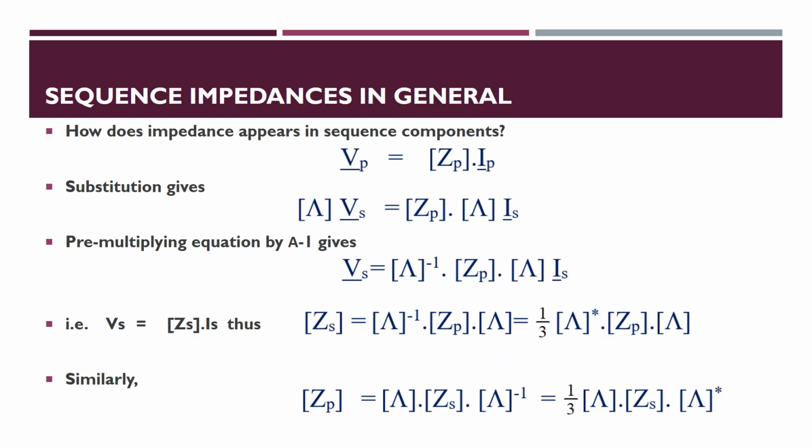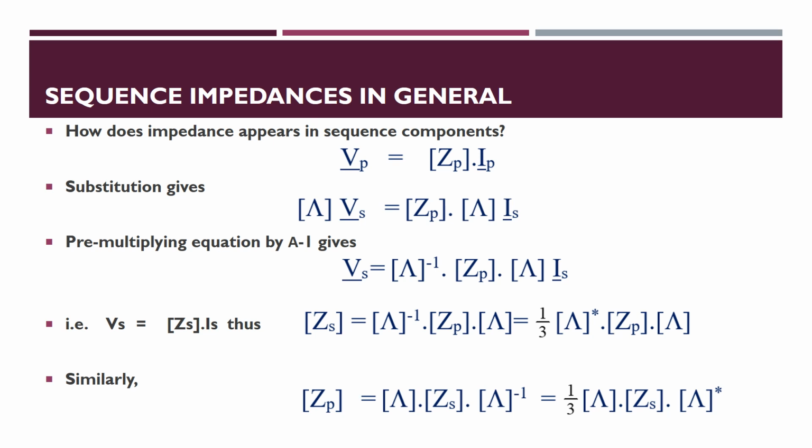Now, sequence impedance in general. You can model any load, source, or line as a sequence component network. In the general picture, the phase voltage vector is equal to the phase impedance matrix times the phase current vector.